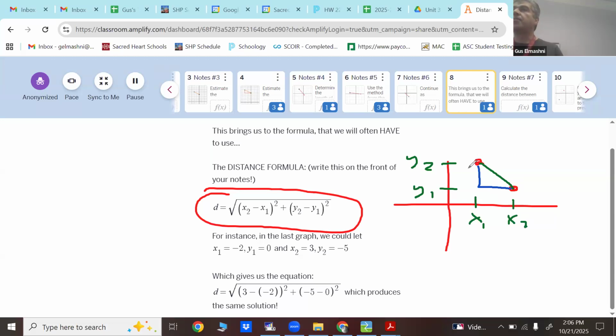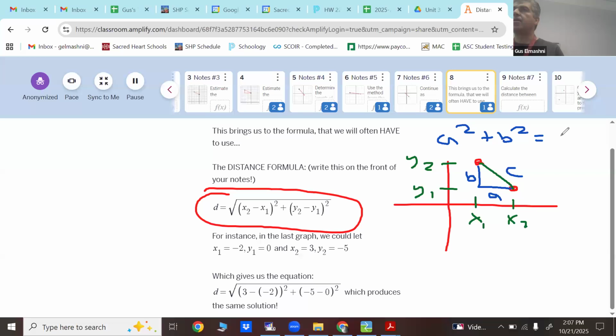Now say I call these sides A, B, and C. What famous theorem allows me to relate all these sides? A squared plus B squared equals C squared.